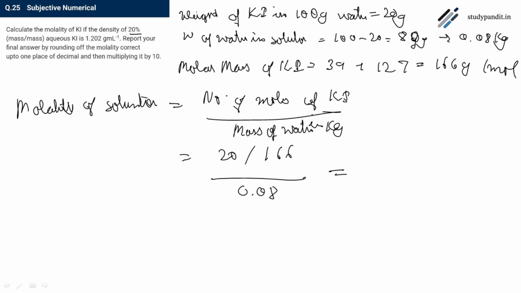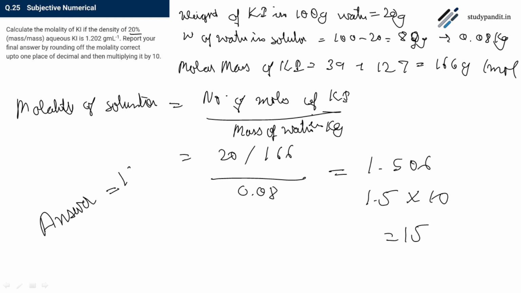After solving this we will get 1.506. Now rounding off to one place, this is 1.5. Now multiplying it by 10, it is equal to 15. So the answer is 15. So that ends this NTA Abhyas question paper 1.